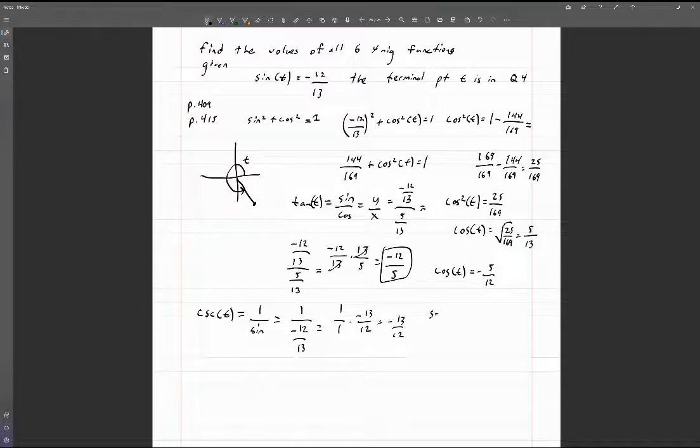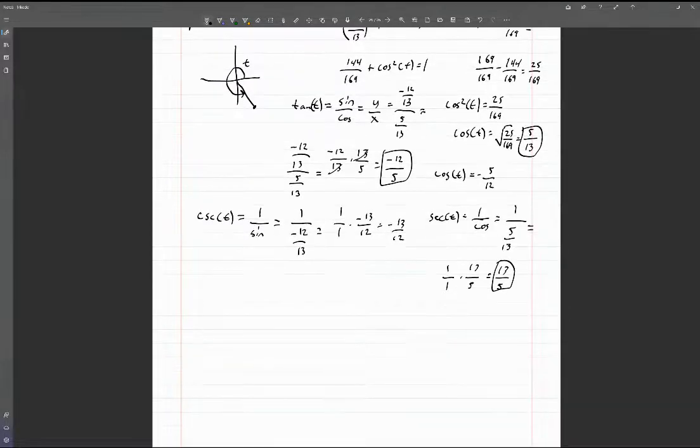Secant is 1 over cosine. So that's going to be 1 over, where was our cosine? 5 over 13. So that's 1 times 13 over 5. 13 over 5. Okay, so there we go. That gets us all these other trig functions.